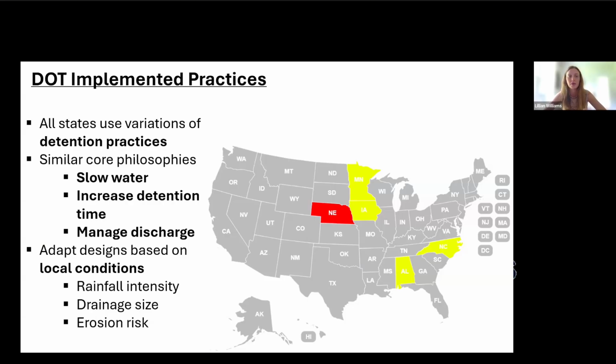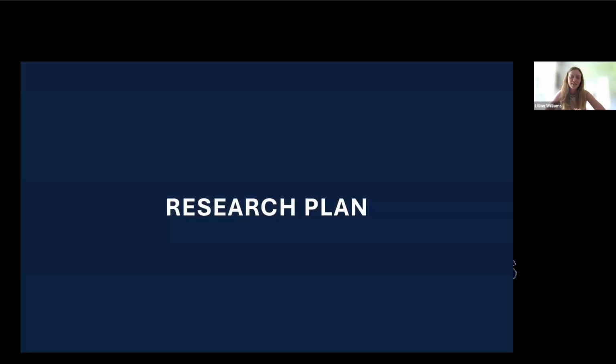You see skimmers implemented in a lot of these states. And then there are other additives that enhance sediment removal like baffles and forebays and more along those lines. So I'll go into it a little bit more in our literature review. If you want the full thing, I have a very, very long thesis that you could read, but you don't have to. So let's get into our research plan.